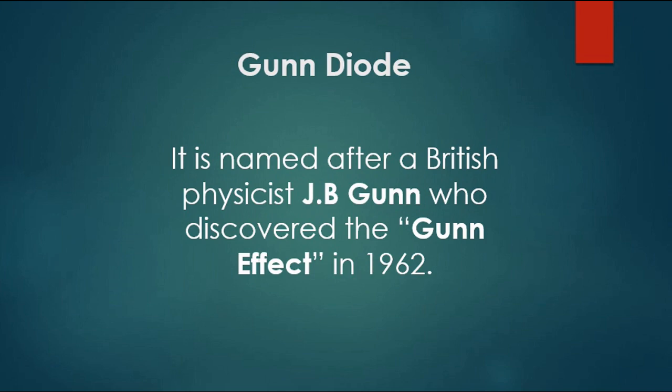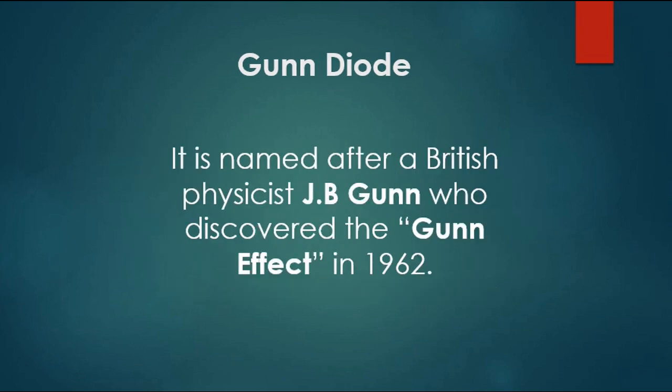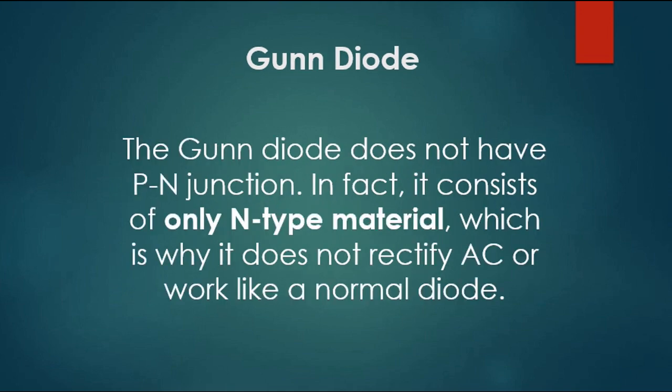That was when this diode came into existence in the diode family. So remember, the man that discovered it is a British man and a physicist called J.B. Gunn. You can use Gunn to remember the name of the person that invented the diode.